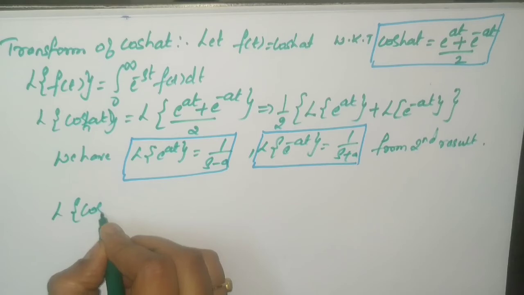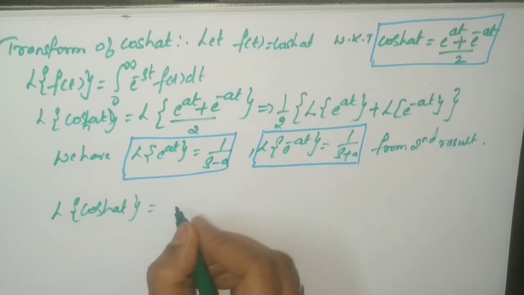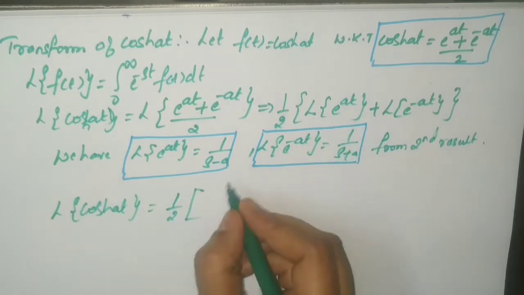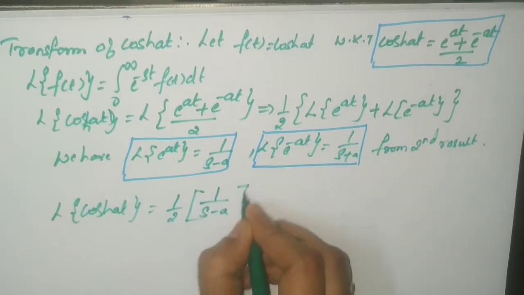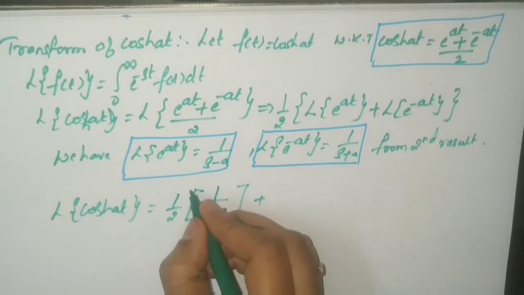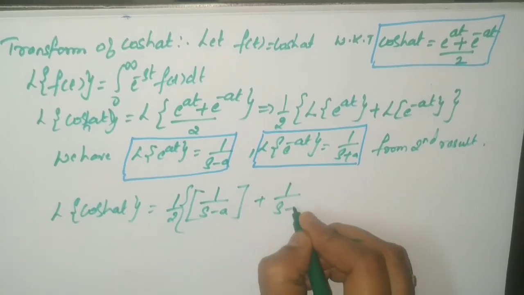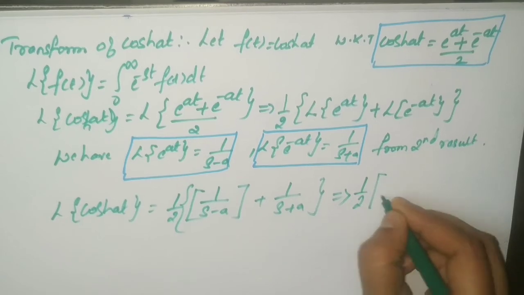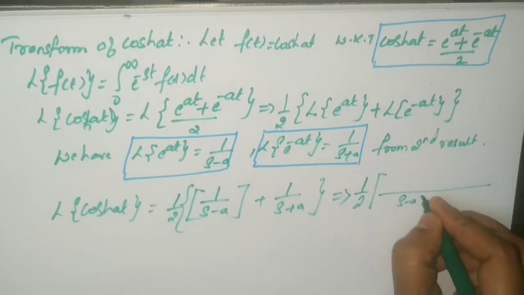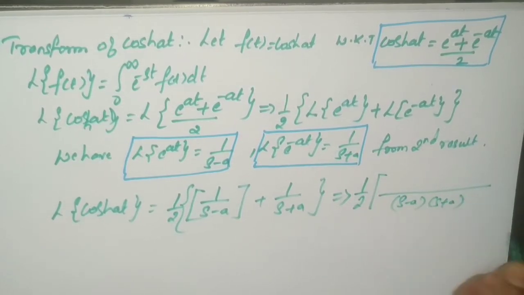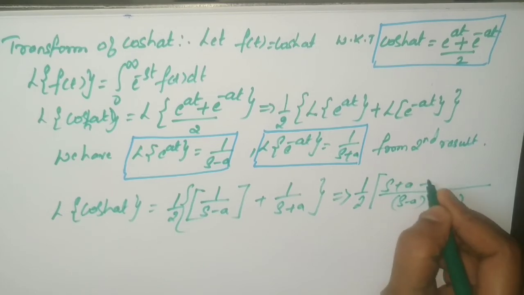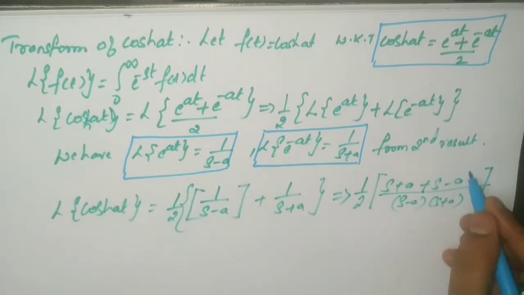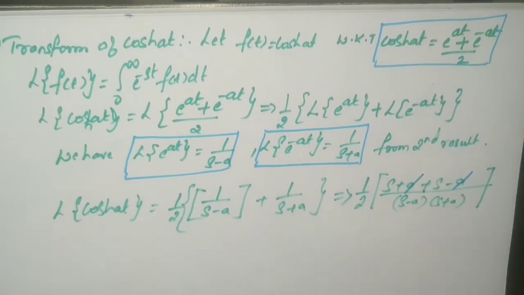So Laplace of cos hyperbolic at becomes 1 by 2 into Laplace of e power at, which is 1 by s minus a from this formula, and here 1 by s plus a. Take LCM. So 1 by 2, LCM becomes s minus a into s plus a. So it is s plus a plus s minus a. You can see positive and negative a cancel out.